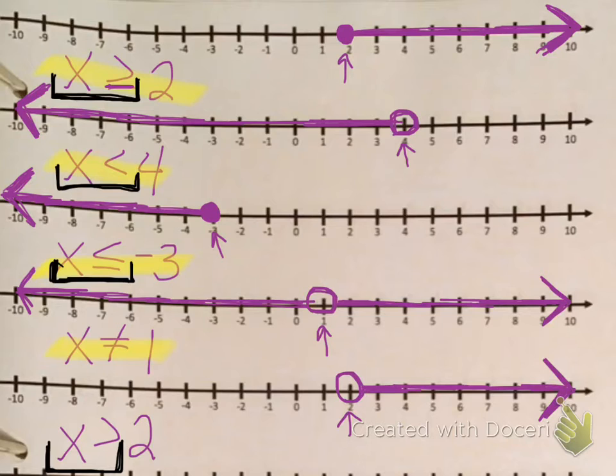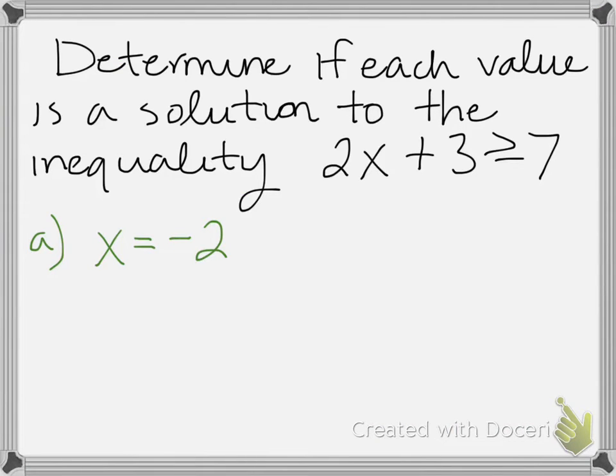Okay, so we've got the graphing side of it. Now, let's talk about determining if something is a solution. So, our instructions say, determine if each value is a solution to the inequality 2x plus 3 is greater than or equal to 7.